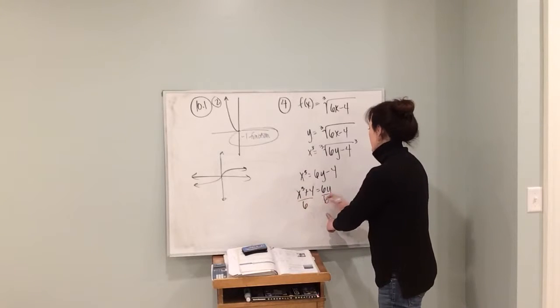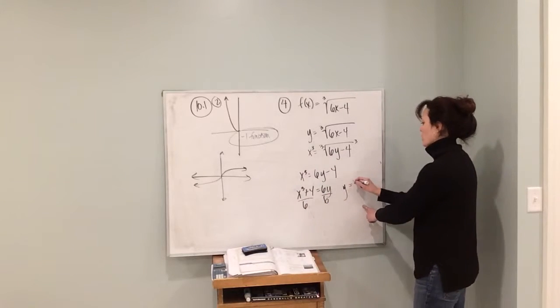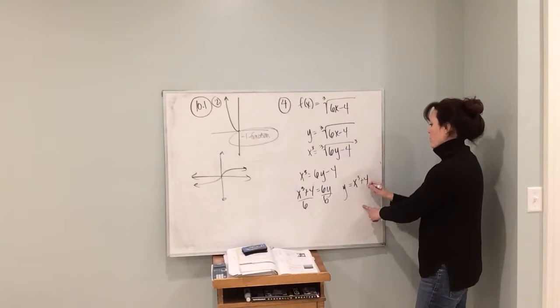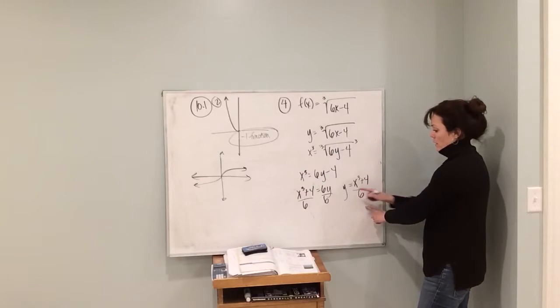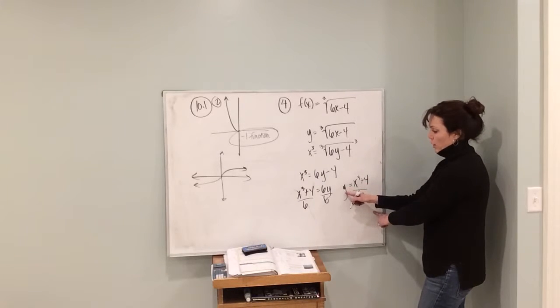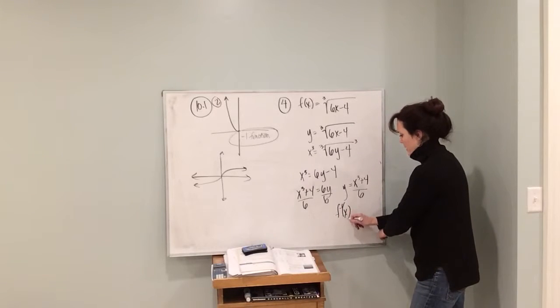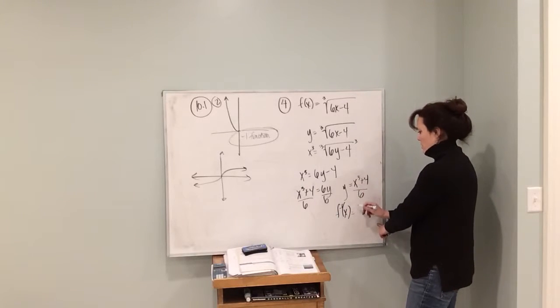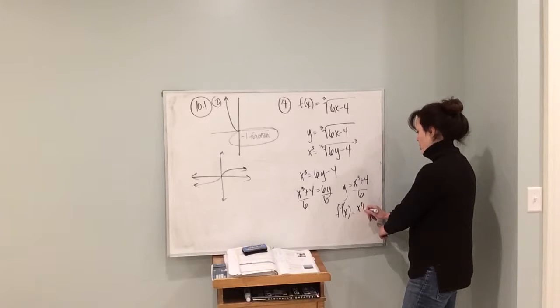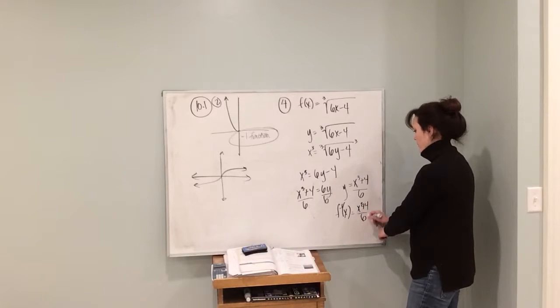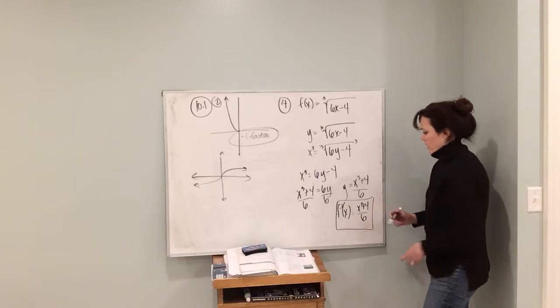Divide both sides by 6, and I have y equals x cubed plus 4 over 6. Now that I have solved for y, I just replace that y with f inverse of x equals x to the third plus 4 divided by 6. That's your final answer.